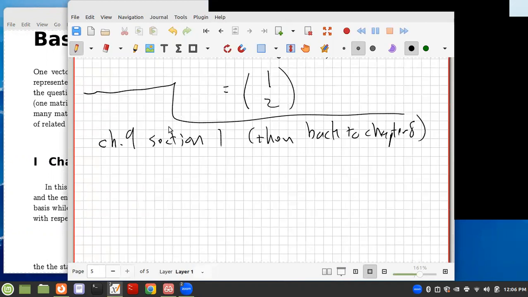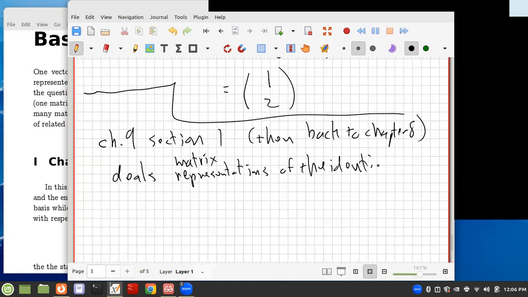So now this section isn't that bad, because chapter 9, section 1 deals with matrix representations of the identity map. The map here, I, from V to V, always takes V to itself.